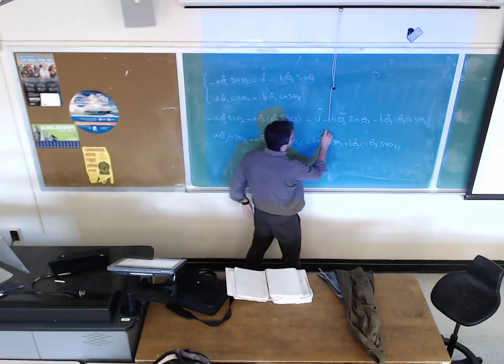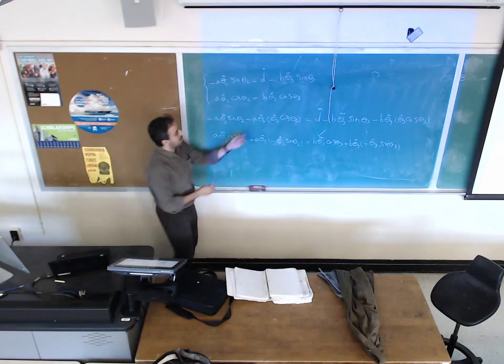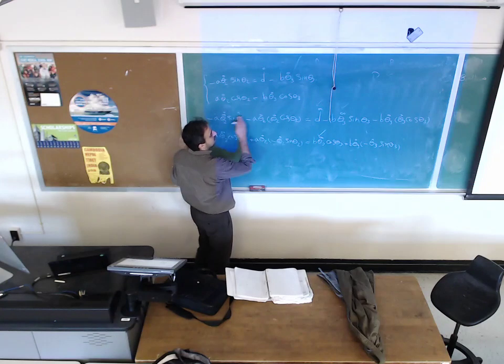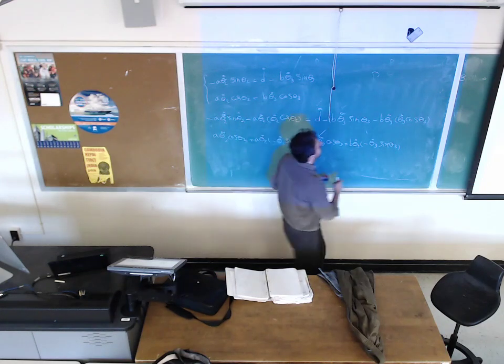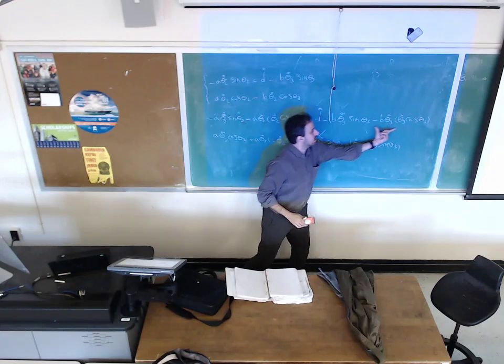And here this term has d double dot. The other terms are known. This theta double dot 2 is given, theta 2 is given. So the other terms are known. I'm going to keep the unknown terms on one side, and move the other terms to the other side.